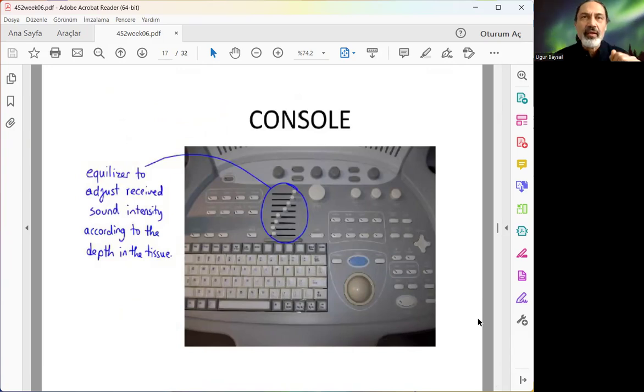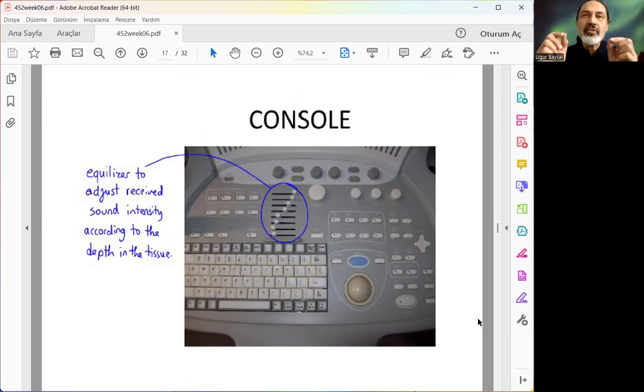After the probes, this is the user interface part, which is the console of the instrument. The console consists of a general computer control structure, but it also has some ultrasonic signal distribution or amplitude equalization, and some image processing or on-screen calculation apparatus as well.